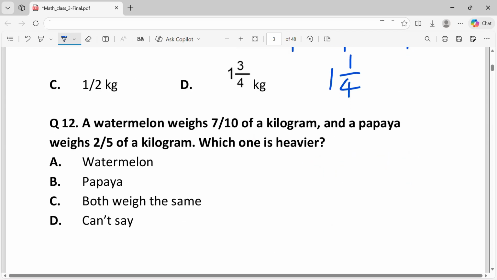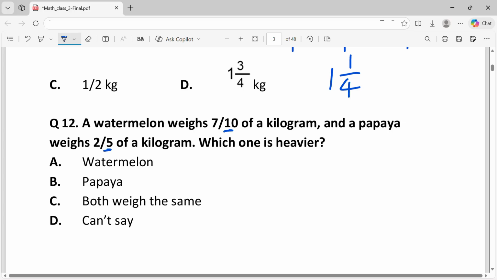Question 12. A watermelon weighs 7 by 10th of a kilogram and a papaya weighs 2 by 5th of a kilogram. Which one is heavier? To compare the weights of the watermelon and the papaya, we need to equate the denominators first.